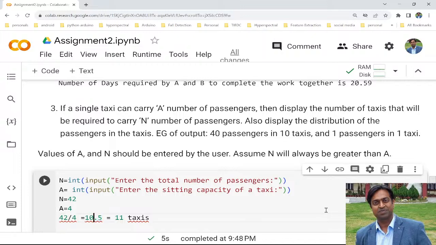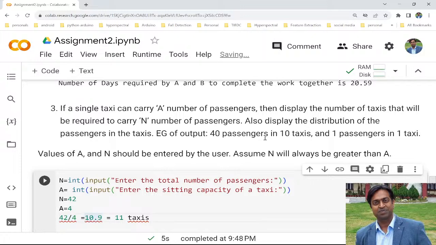Even if this 0.5 is 0.9, then also these passengers will come in the 11th taxi, right? So just by dividing the total number of passengers by the capacity of a single taxi, we get the number.